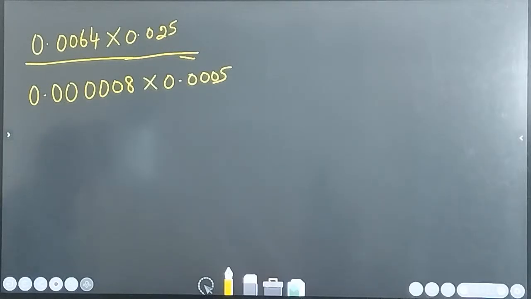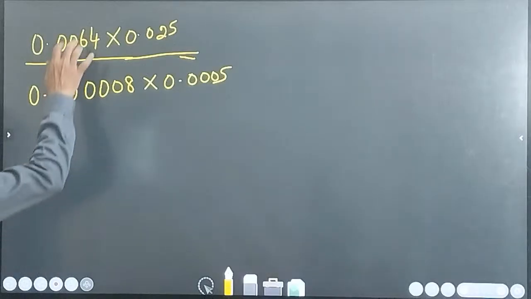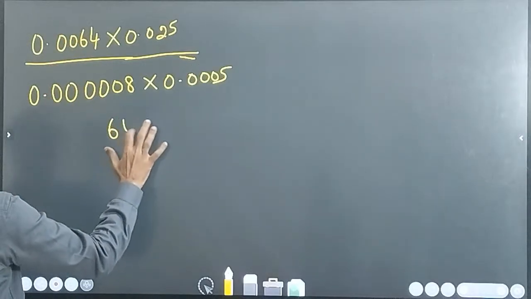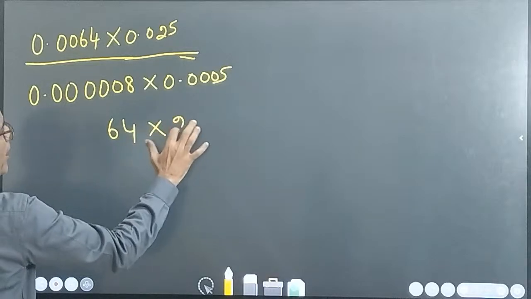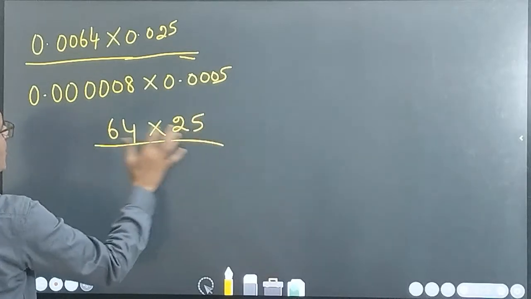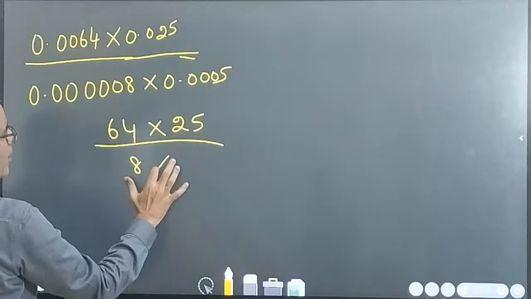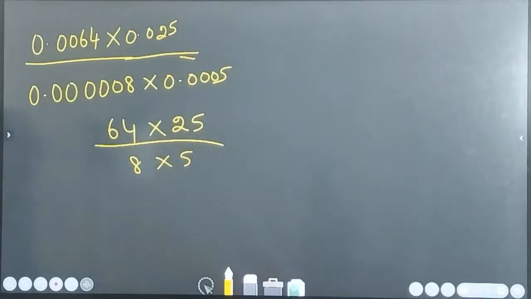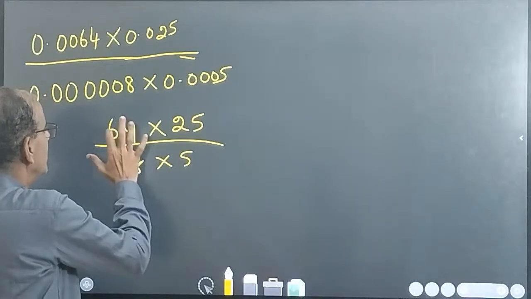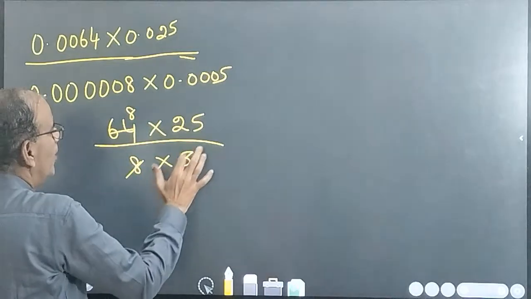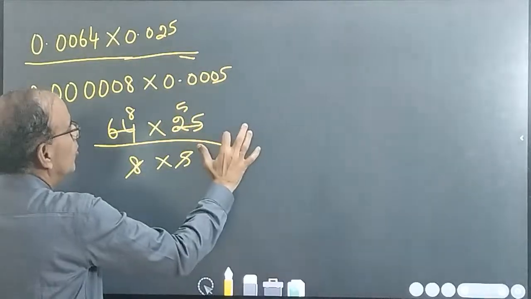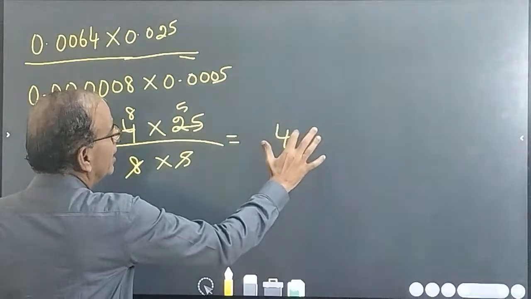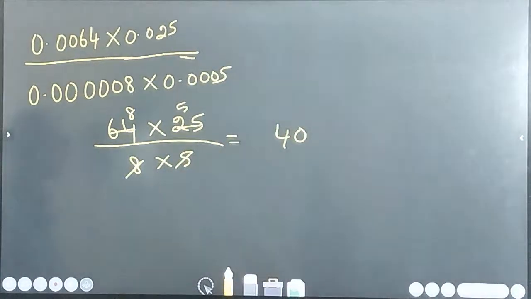How to read it without any error? First you take 64, you take 25. Just take the roots, 8 and 5. Ignore all decimals. 8 8s are 64. 5 5s are 25. 8 into 5, 40. Keep that 40 as such.